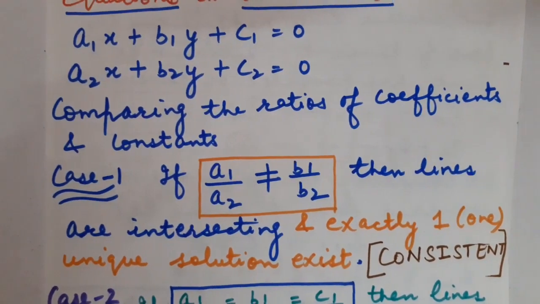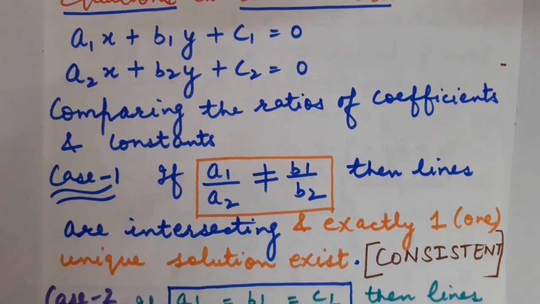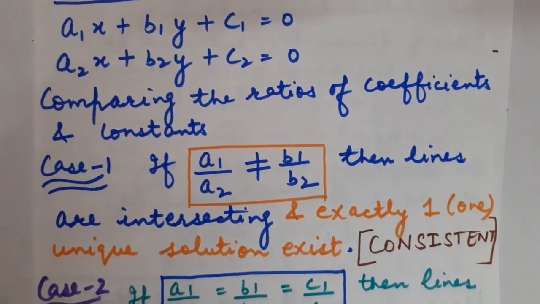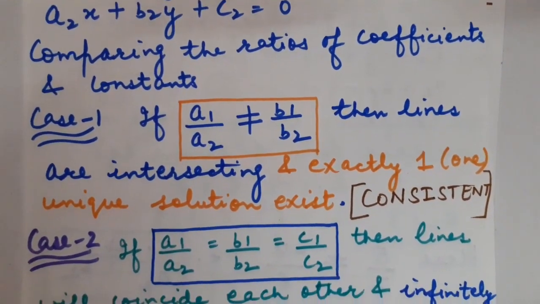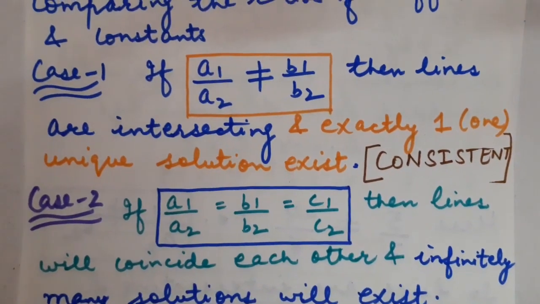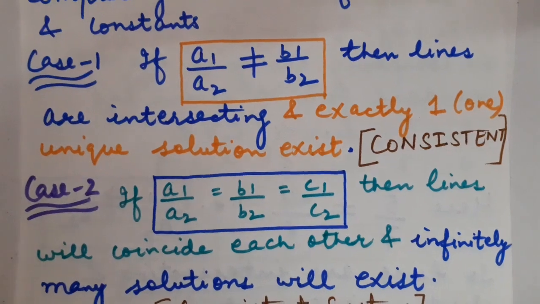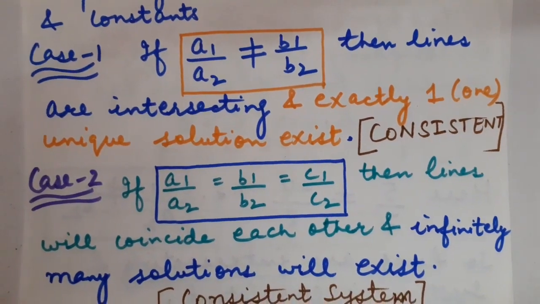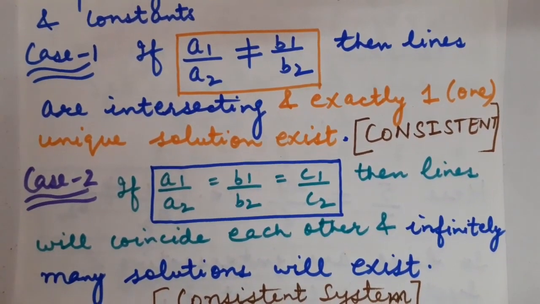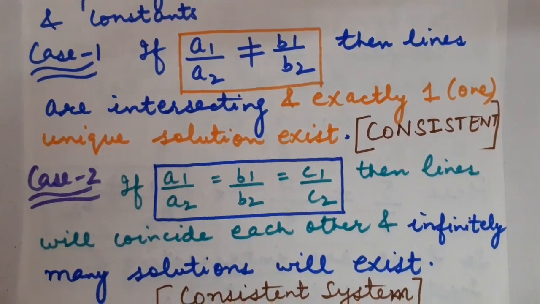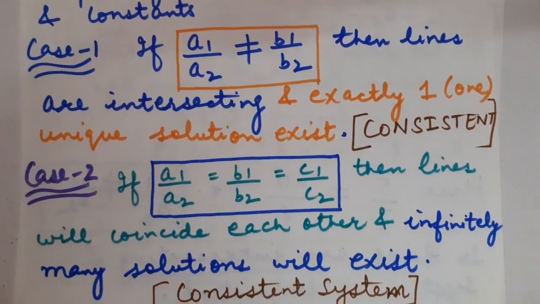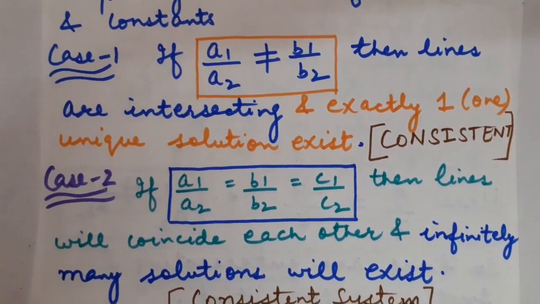Now we are going to compare the ratio of the coefficients as well as constants. See children, in case number 1, if a1 upon a2 is not equal to b1 upon b2, then definitely the lines will be intersecting. There will be only a unique solution and the system will be consistent.